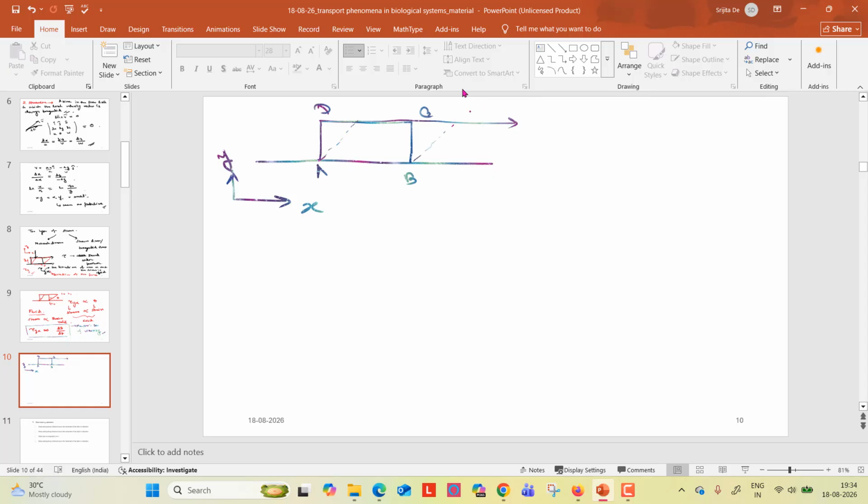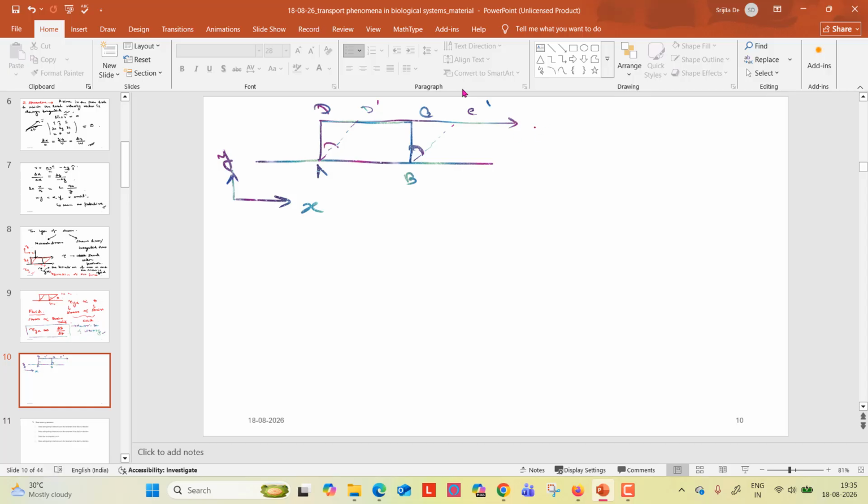So it has become C dash and D dash, the new points. So this has the angle, and this also the same angle.